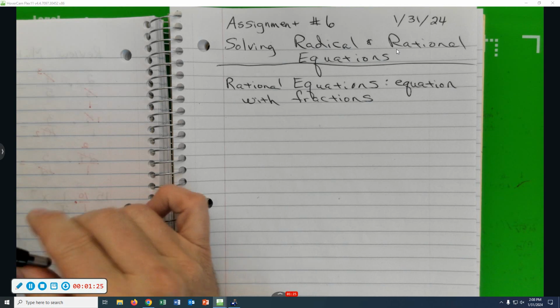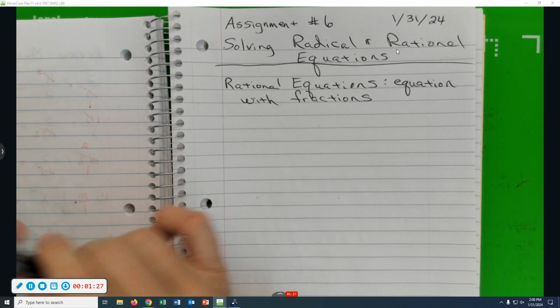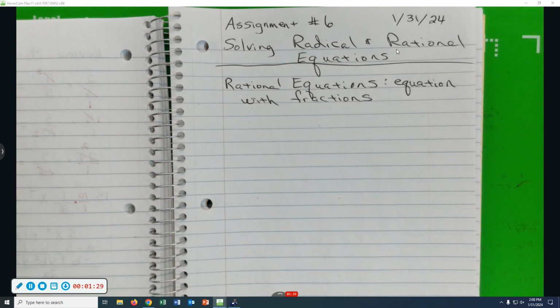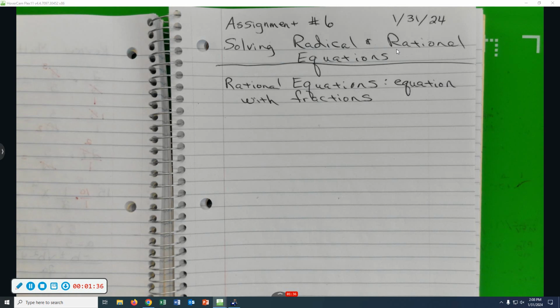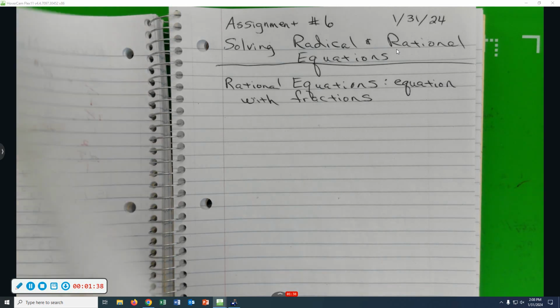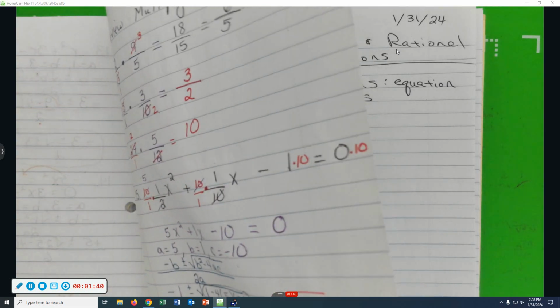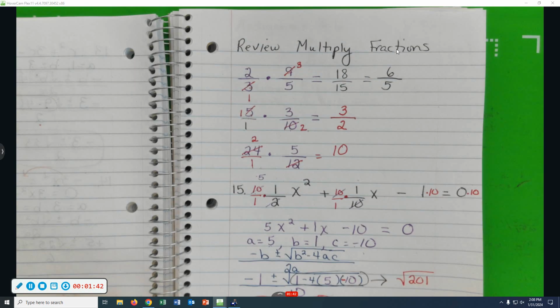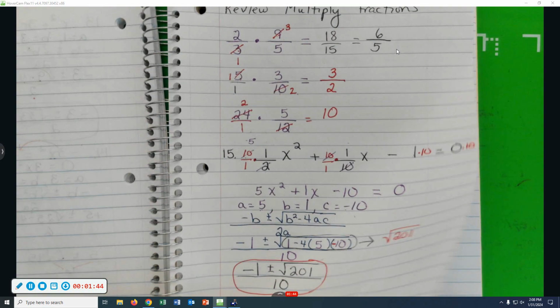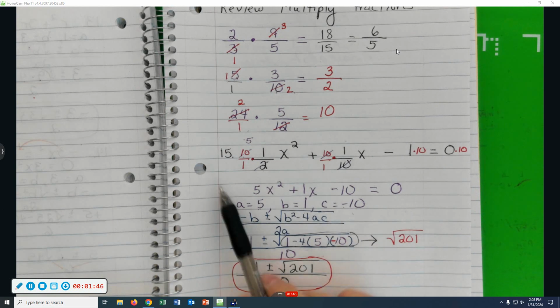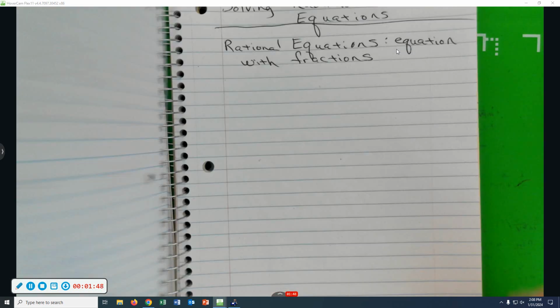We'll start off with an equation that has fractions, and then get an equation that doesn't have fractions. You find the least common denominator and you multiply through to eliminate the fractions.